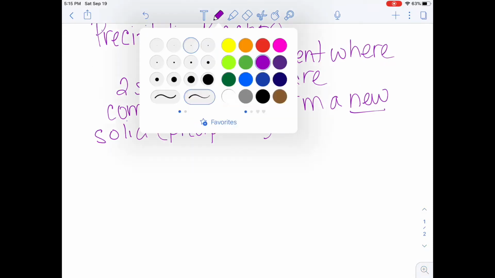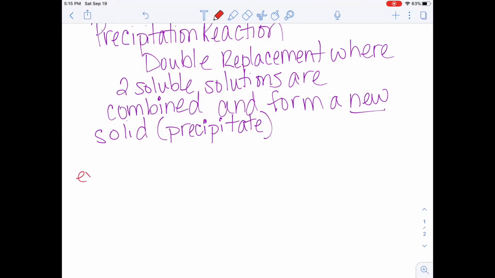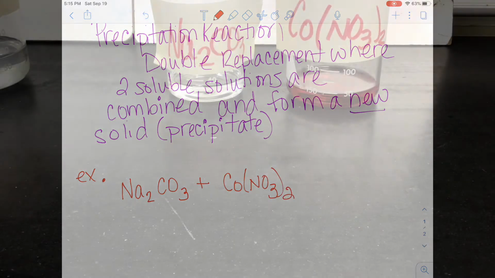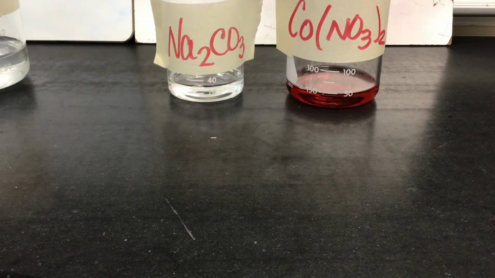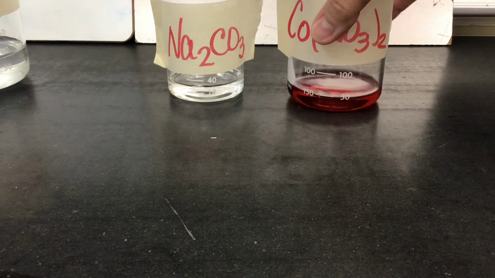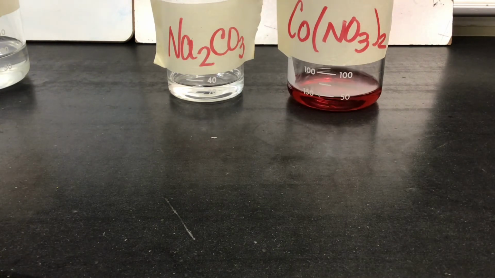Our first example is going to be sodium carbonate added to cobalt(II) nitrate. When we take sodium carbonate and cobalt(II) nitrate, you will see beforehand they're both aqueous solutions.